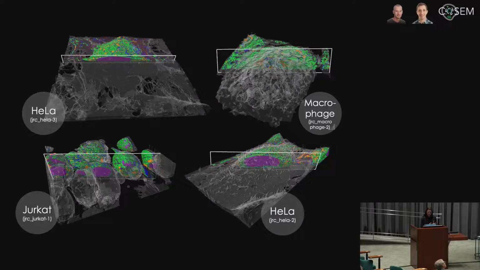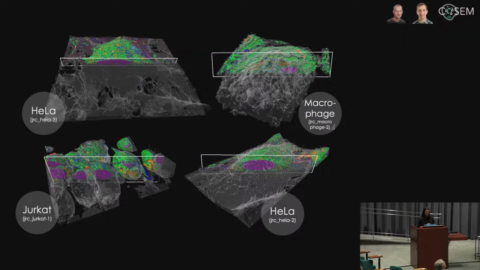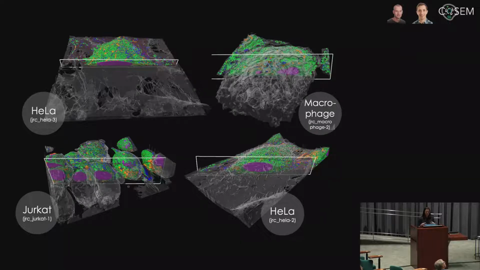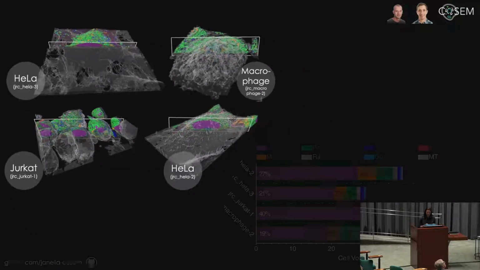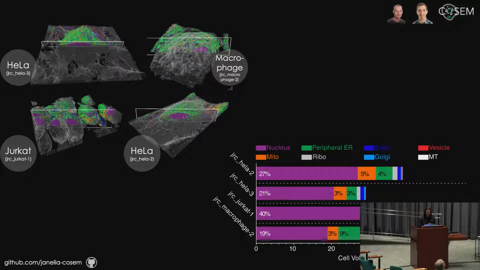So through this pipeline, we're able to get some nice segmentations for a number of organelles. And what's really exciting with these predictions is we can start to see the organelles in a way we've never been able to do before. And more excitingly, they're more than just a pretty picture, right? Now we can start to actually do something quantitatively as well. We can start to look at volume.